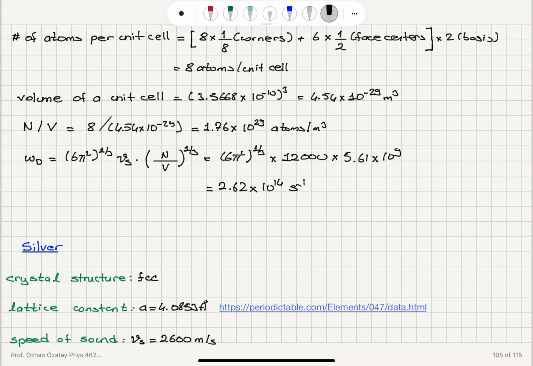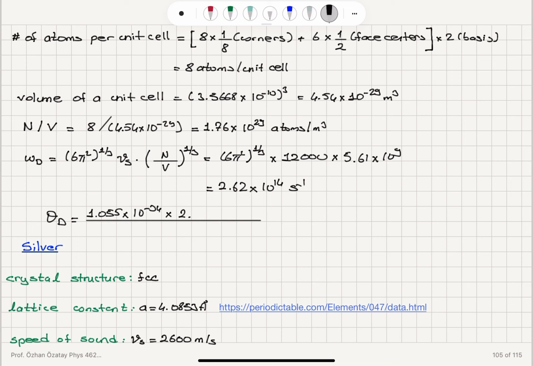And now we can calculate the Debye temperature. Theta Debye will be h bar omega Debye divided by the Boltzmann constant. H bar is 1.055 times 10 to the minus 34 joule seconds.